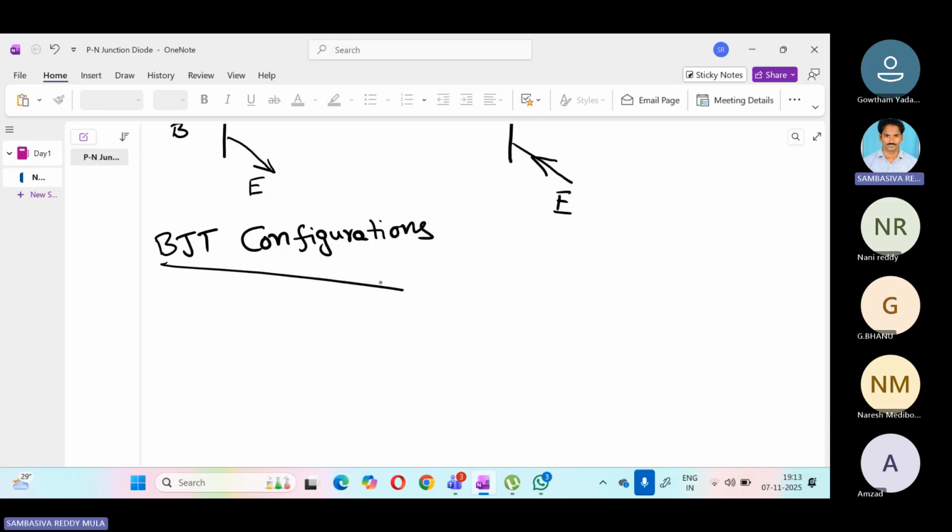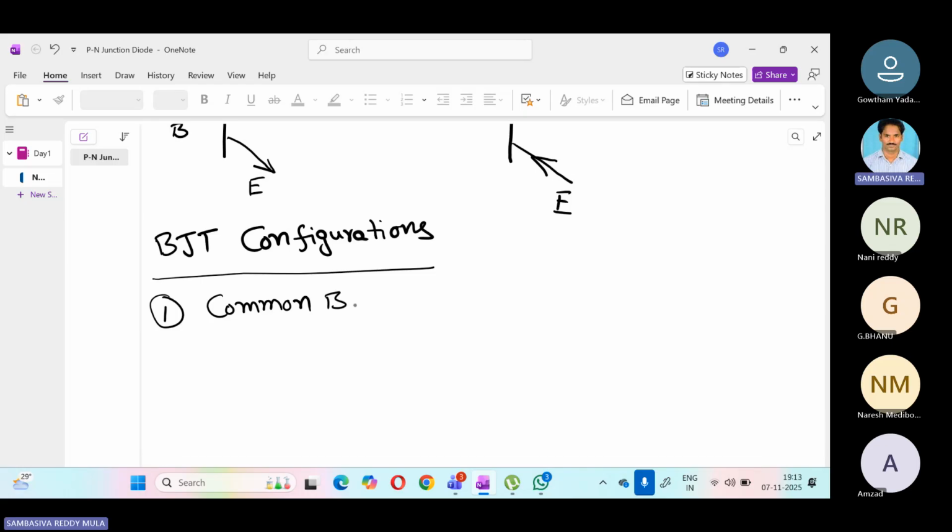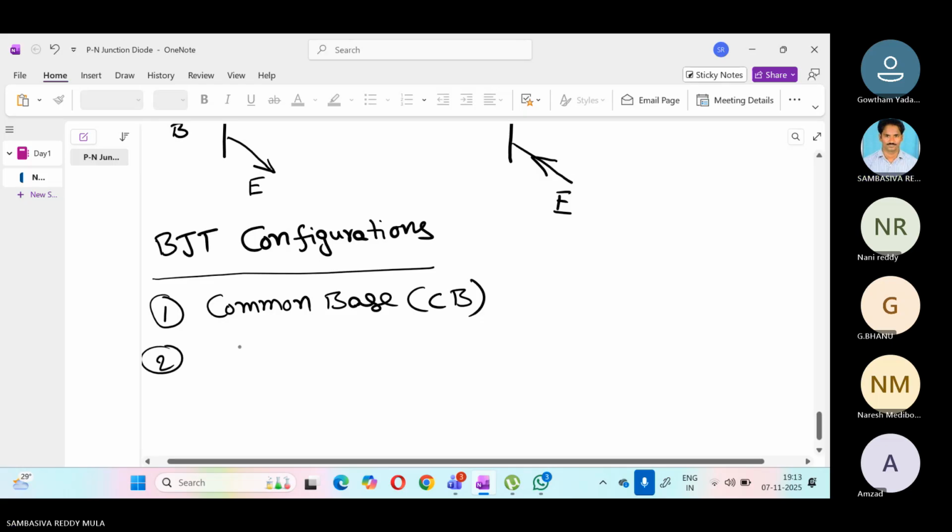The bipolar junction transistor can be operated in three configurations. One is common base configuration, CB, shortly we'll call it the CB configuration. Common emitter.